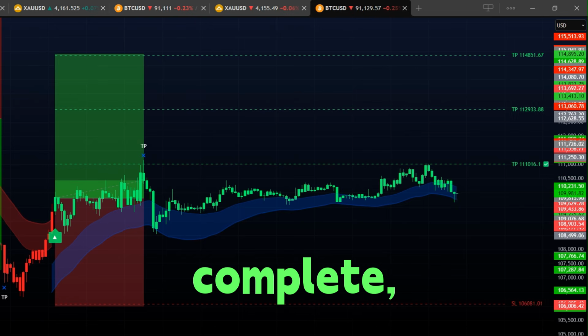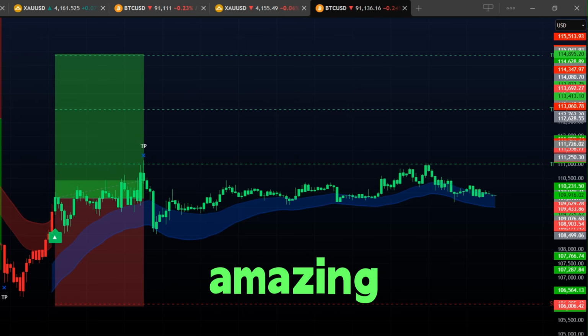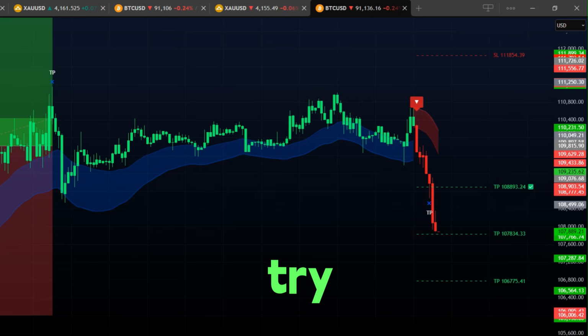Okay, backtest is complete, and I think the result is amazing. It works very smoothly in the market. I think you should try this one.